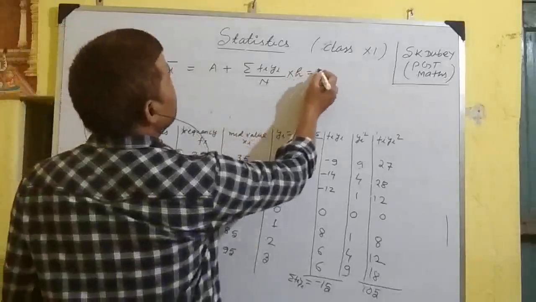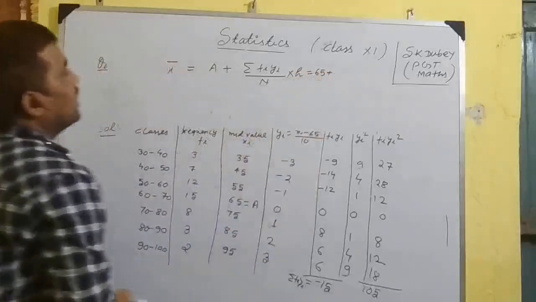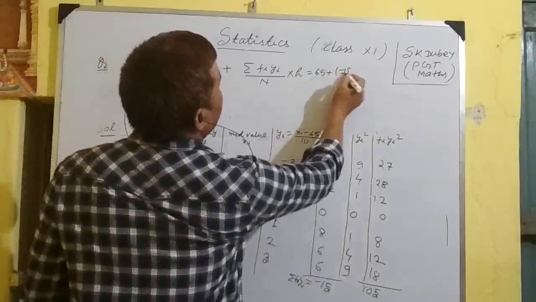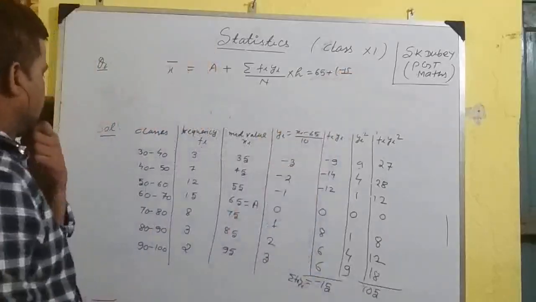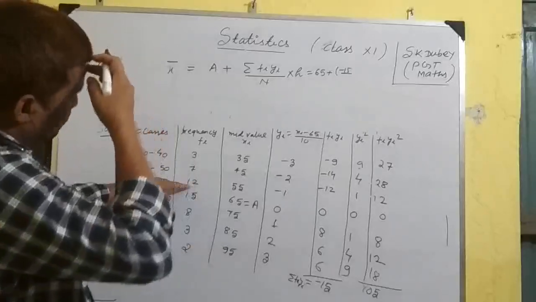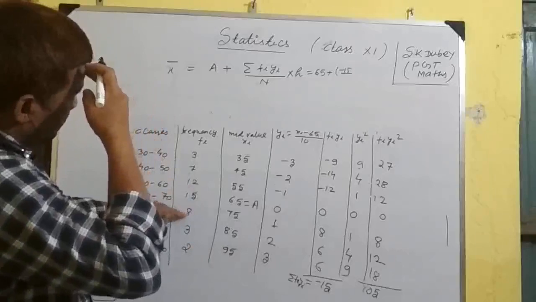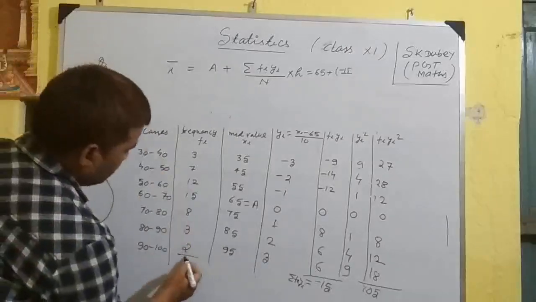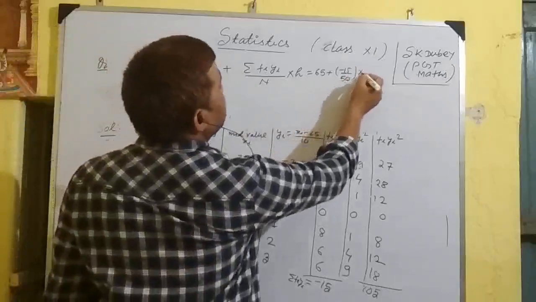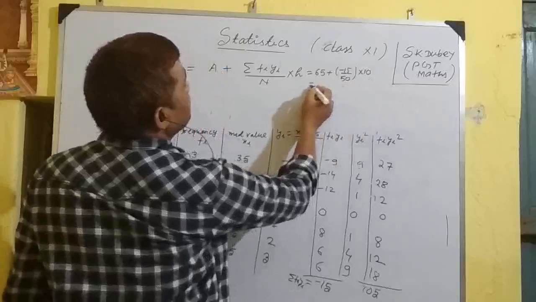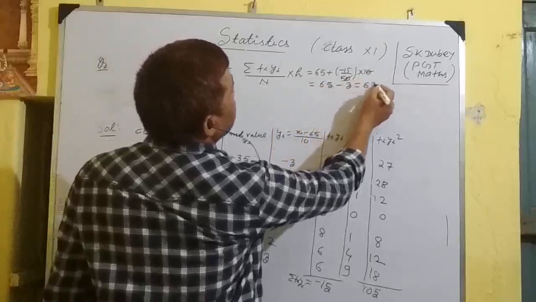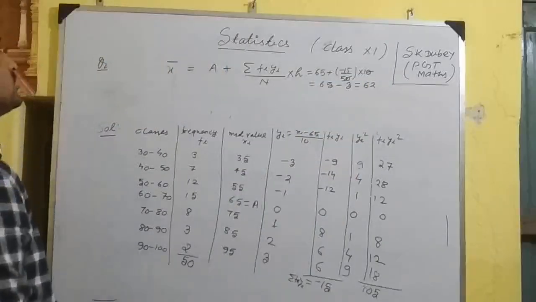The assumed mean is 65 plus summation fi yi, that is minus 15, divided by n. n is 7 and 3 is 10, 10 and 12 is 22, 22 and 30, 30 and 20, 50. n is 50 here and h is 10. This is 65 minus 3, that is 62. The mean is 62.